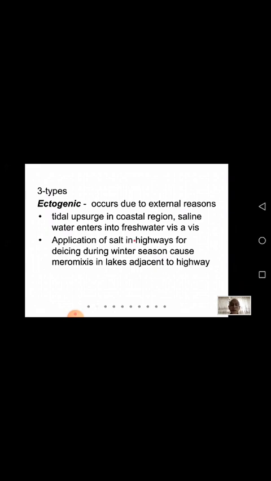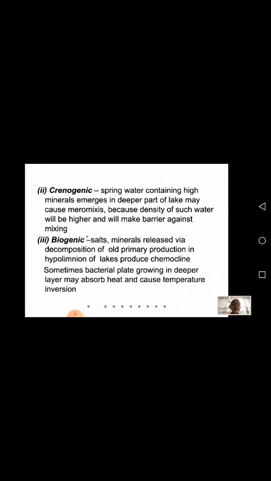Under that condition meromixis also occurs. That is, the huge amount of salt applied for de-icing washes away, reaches and enters a nearby lake and causes meromixis. So ectogenic meromixis is caused by seawater intrusion or saline water intrusion because of de-icing.